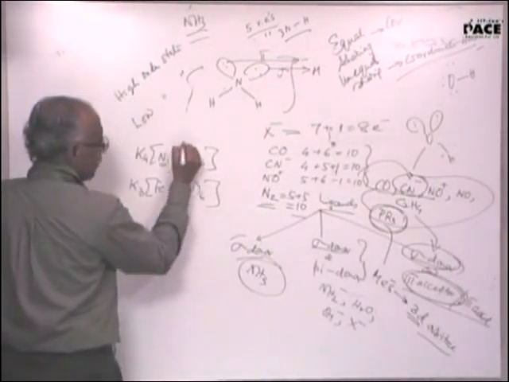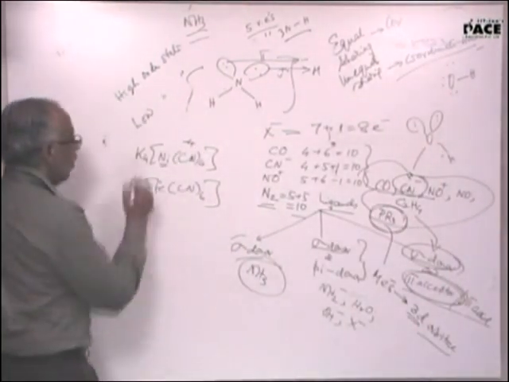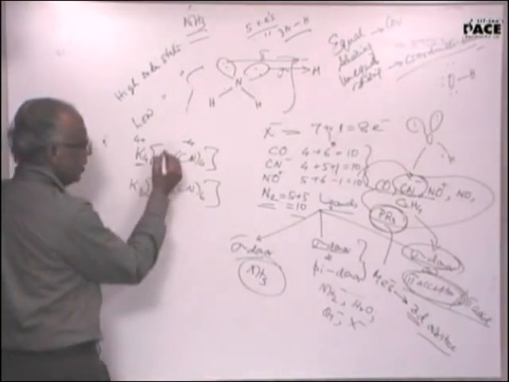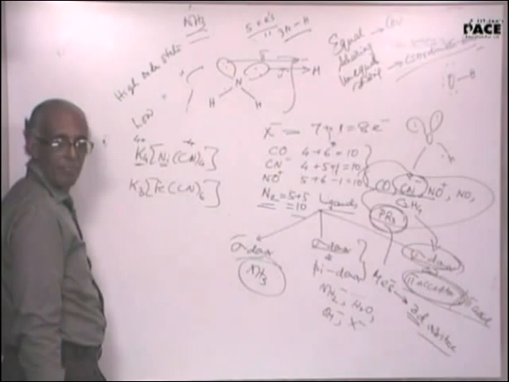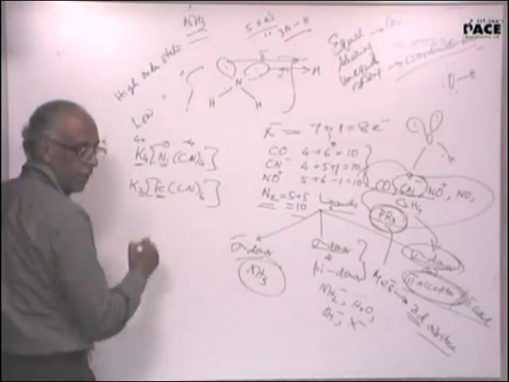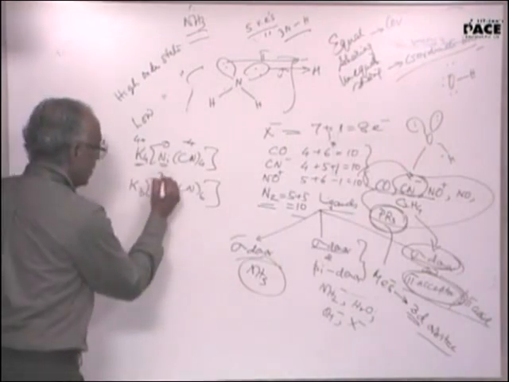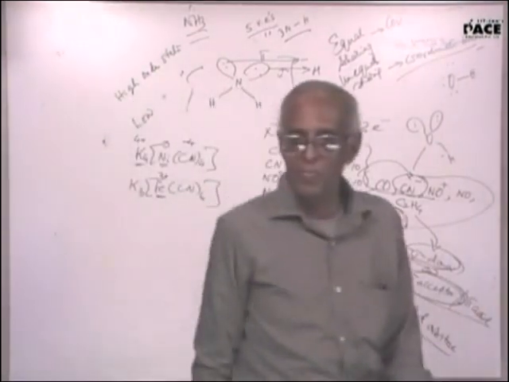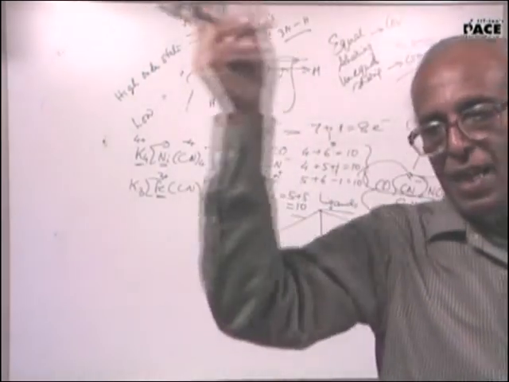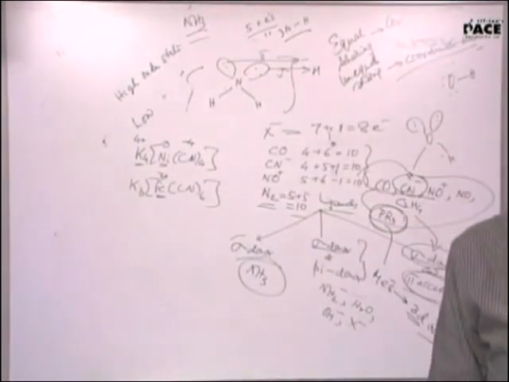Four cyanide gives four negative charge. Four potassium gives four positive charge. So what is the oxidation state of nickel? Zero. What is the oxidation state of iron? Plus 3. So you can see yourself, the same ligand can stabilize both higher as well as lower oxidation state.